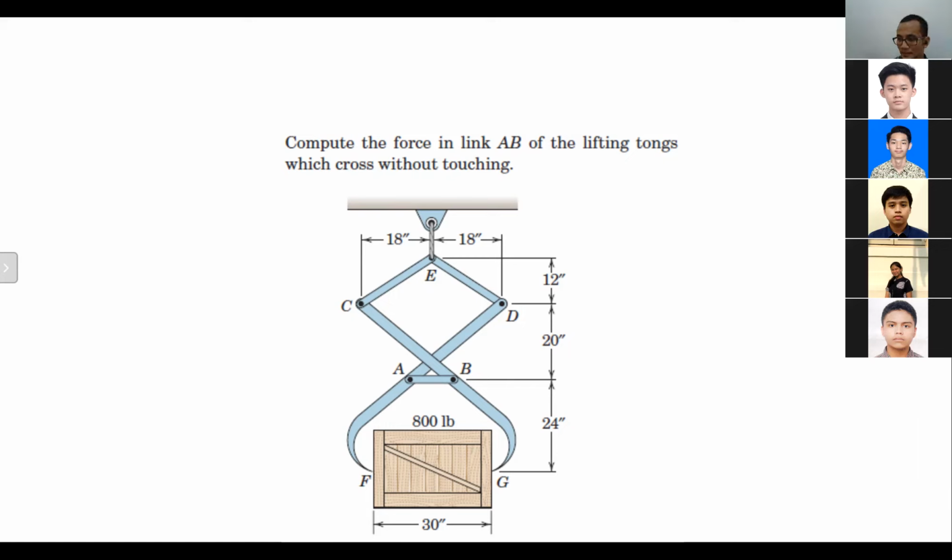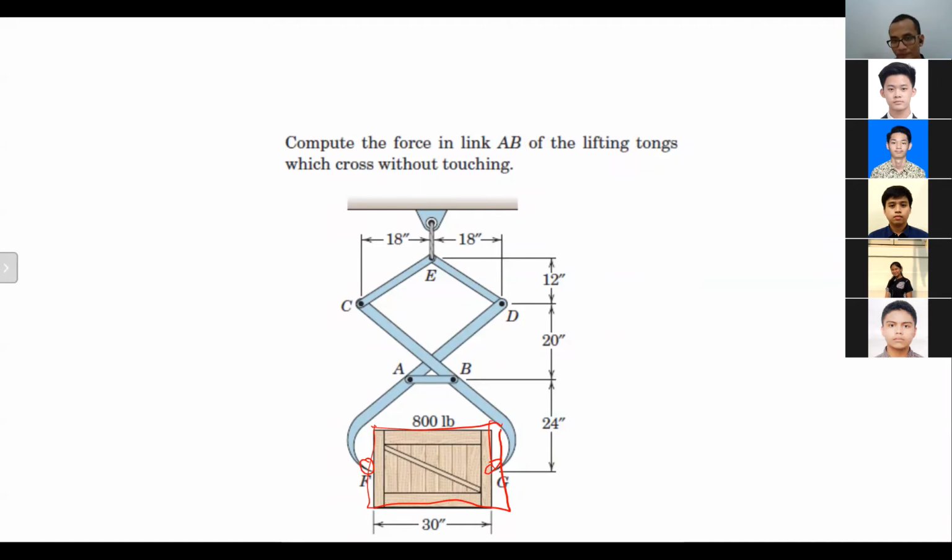This particular device will grab things at this end and this end, and using the frictional force there, it will lift the crates here, and it's known that the crate has a mass of 800 pounds.